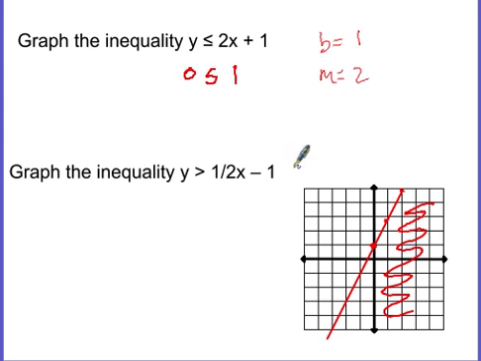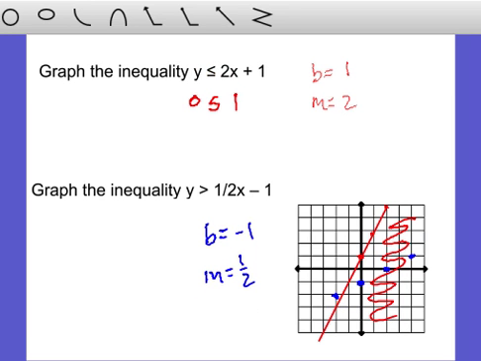Okay, so let's graph the other inequality on the same coordinate plane. We've got, again, slope-intercept form, so the y-intercept is -1 and the slope is 1 up over 2. So we've got a -1 here, up 1, right 2, up 1, right 2, or down 1, left 2. And what type of line do I need?